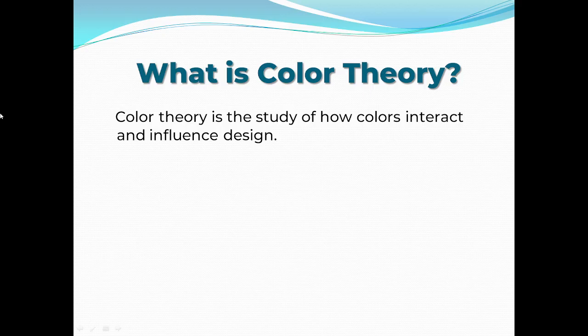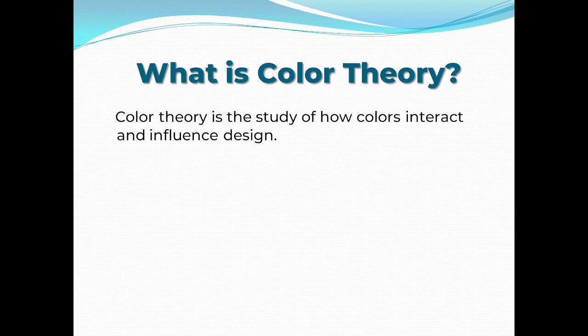So what is color theory now? Color theory is the study of how colors interact and influence design. All right. So color theory is talking about the study of how colors interact, how colors relate to design, how colors influence design, how color affects design. So that's what color theory is talking about.